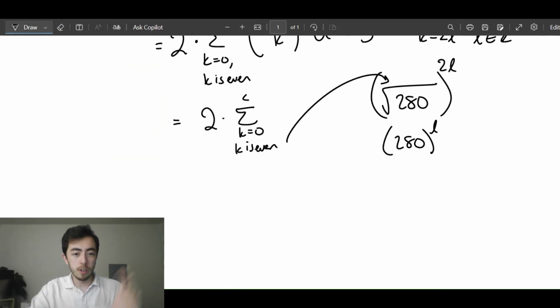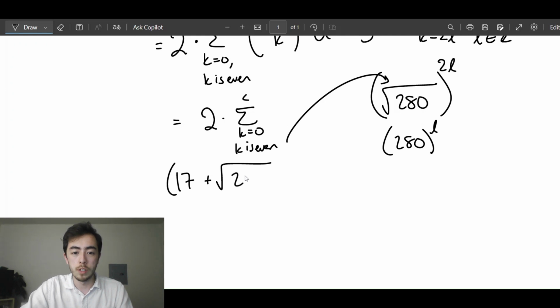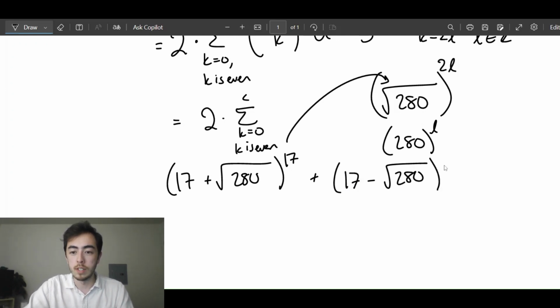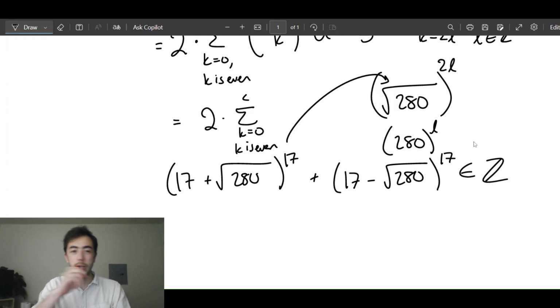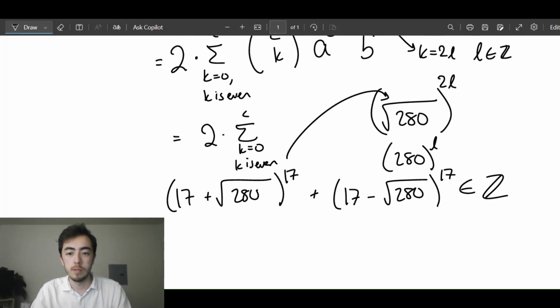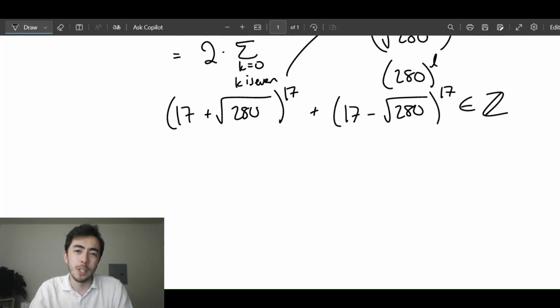And so with this general idea, I'm really confident that I can write 17 plus root 280 to the power of 17, and then plus the conjugate, 17 minus root 280 to the power of 17, is some kind of integer. Because once we do the binomial theorem and some terms cancel out, we're always left with just some whole numbers.